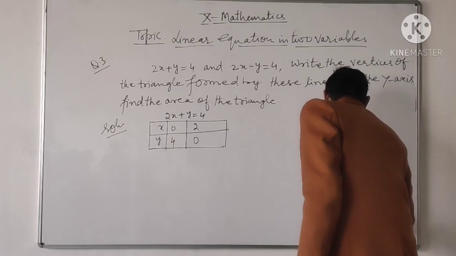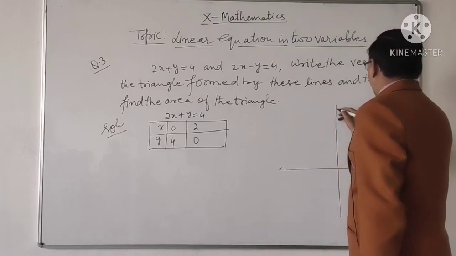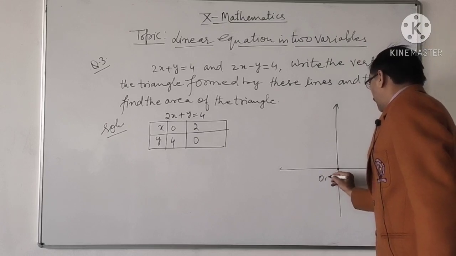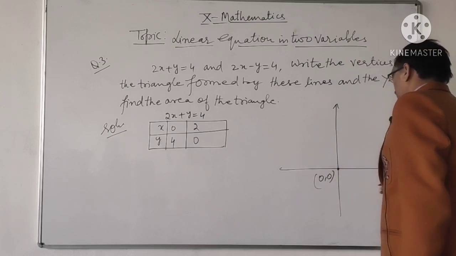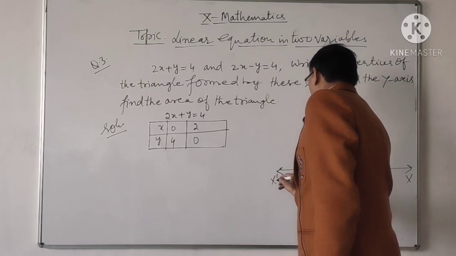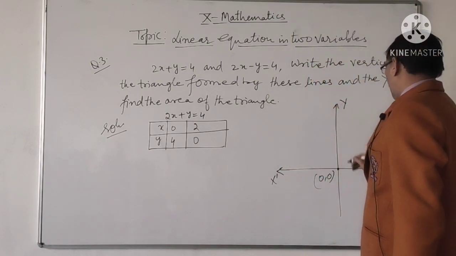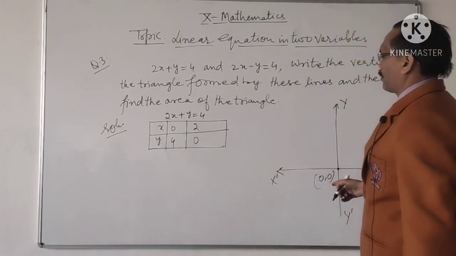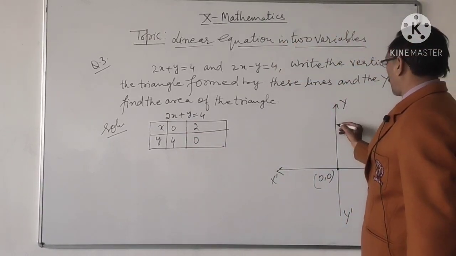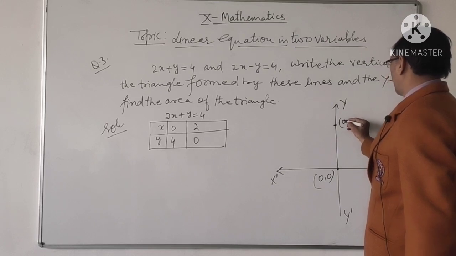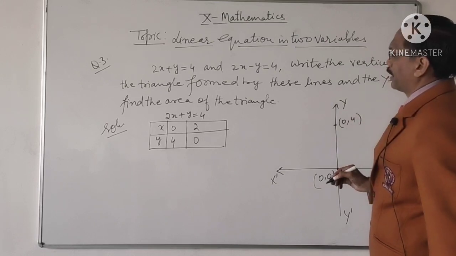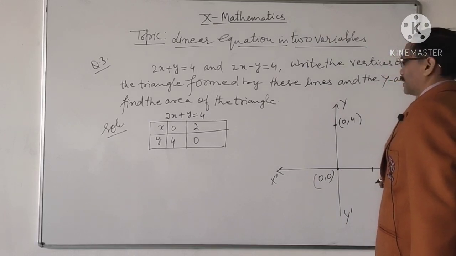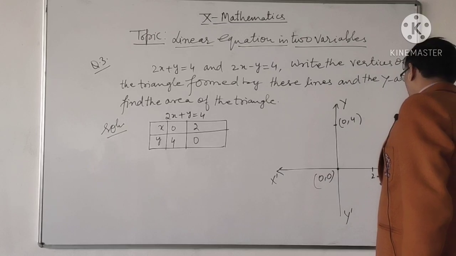So on the rectangular coordinate system, let this be the origin, that is the x-axis, x dash, minus x-axis, y and y dash. There is a point 0, 4. 0, 4 is on the y-axis. And 2, 0 is on the x-axis.